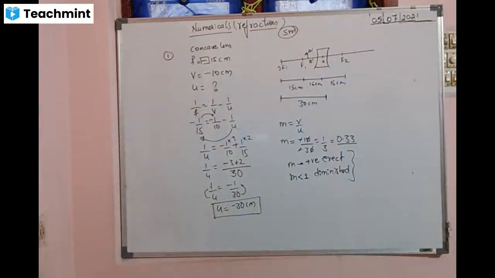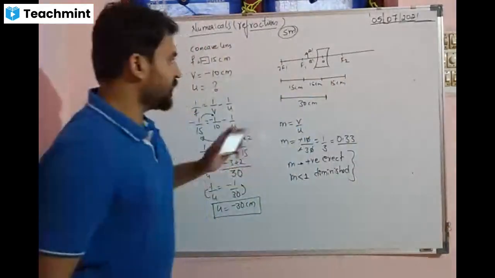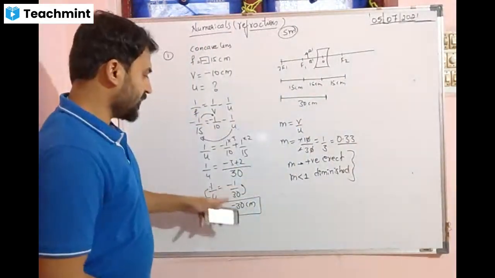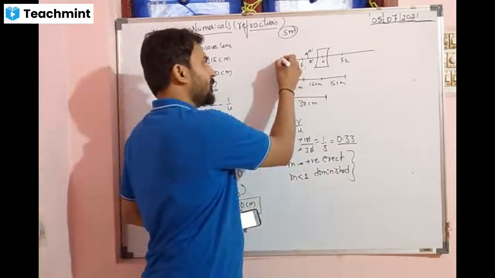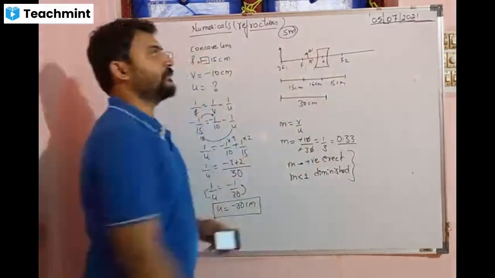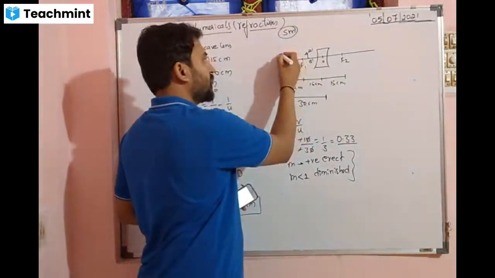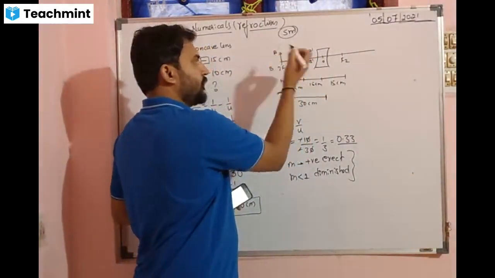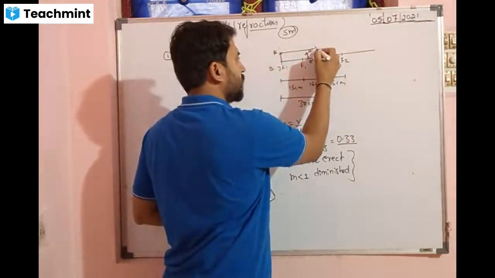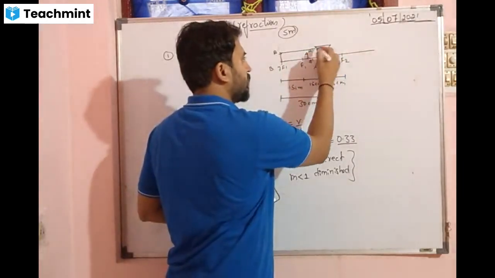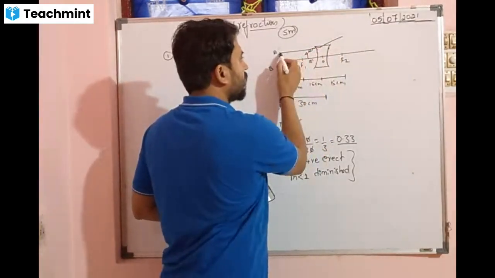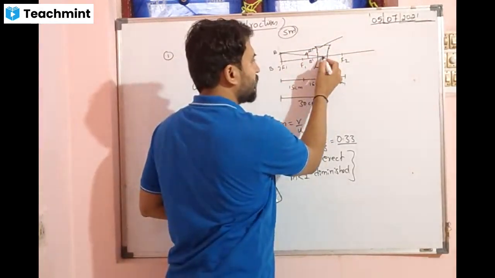We'll solve one more. So what about the diagram? Diagram is 30. It has to be kept at 30 centimeters. 30 means it is kept at 2F1. So the lens is small for us. AB, the ray which is a little bit bigger goes through the optic center.